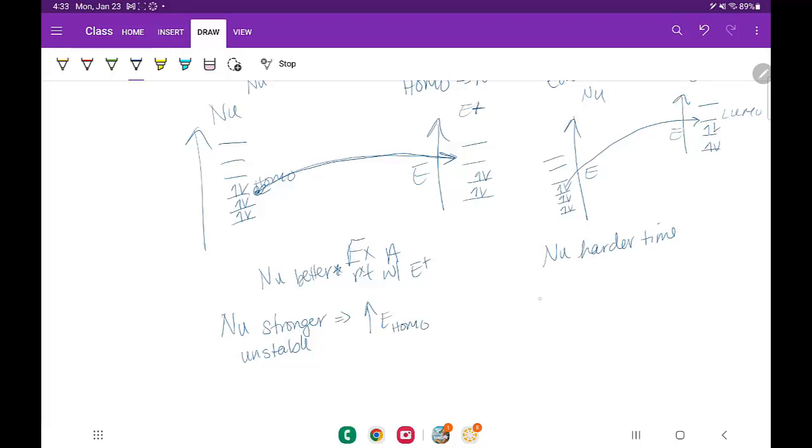If I had something that was a better electrophile, I would expect that the LUMO's energy would be lower. So things like carbocations, or over here things like Grignards, or LAH, or any strong nucleophile like a lithium group.